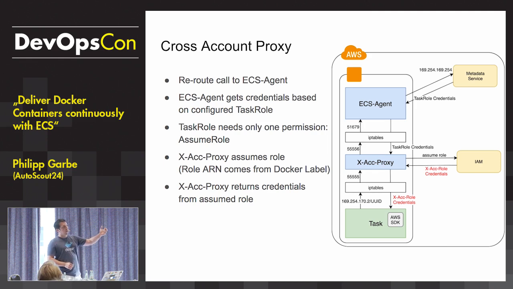Then we assume that role, get the credentials, and return them back to the container. And then everything works like before. This is not really a hack, but it is needed if you want to work cross-account.